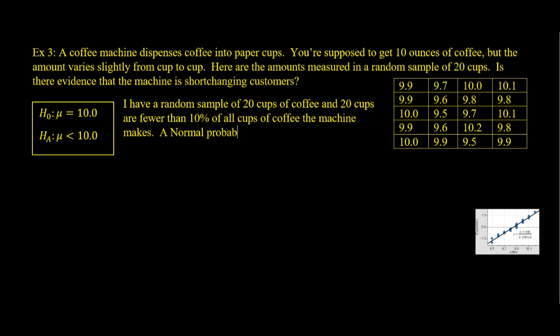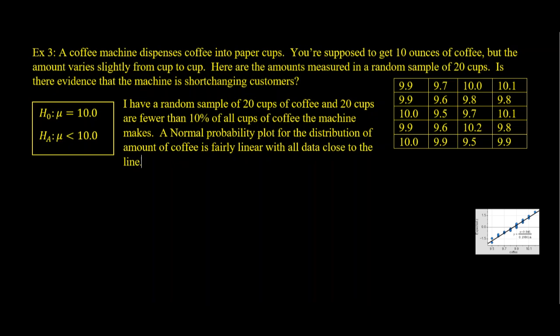So a normal probability plot for the distribution of the amount of coffee in each cup is fairly linear with all the data close to the line. The conditions are met.